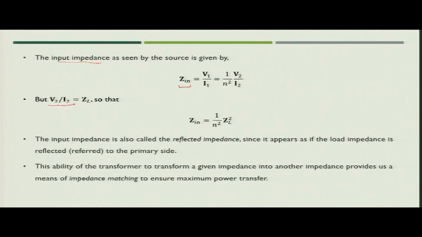Your V2 by I2 will become equal to ZL, and in that case you can say Z in, that is the input impedance from the primary side, will be equal to 1 by N square ZL.